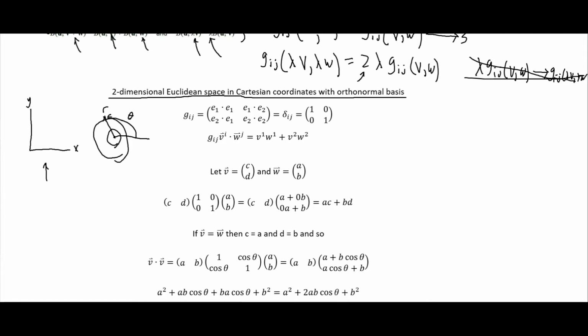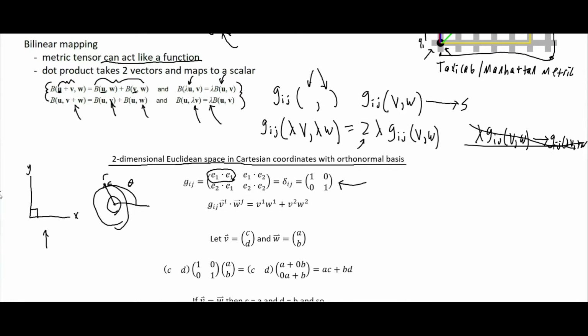So it's a Euclidean space with Cartesian coordinates and an orthonormal basis, which just means that these are at right angles from each other. And so we end up getting a metric that looks like this if we put it into matrix form. So we have G_ij. The first element of it is just basis 1 dot basis 1. And so this goes to our bilinearity idea.